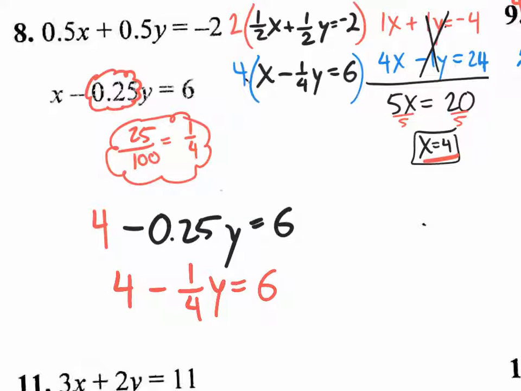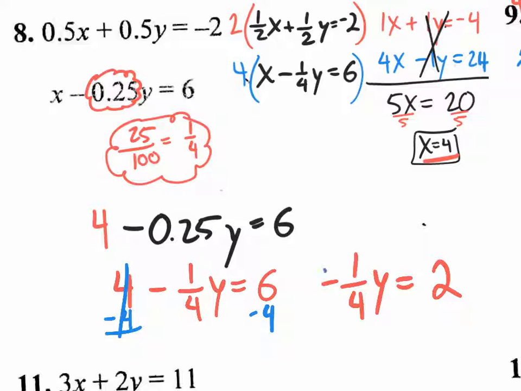Let's solve this by getting rid of the 4 first, by subtracting 4. You will have negative 1/4 y equals 2. And the final two steps will be to get rid of that fraction by multiplying both sides by 4. So you'll have negative 1y equals 8.